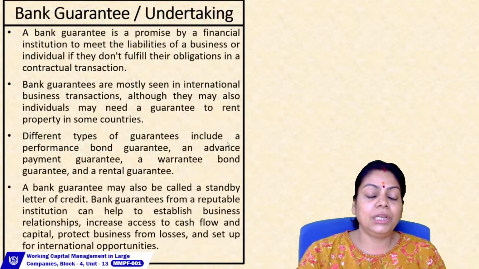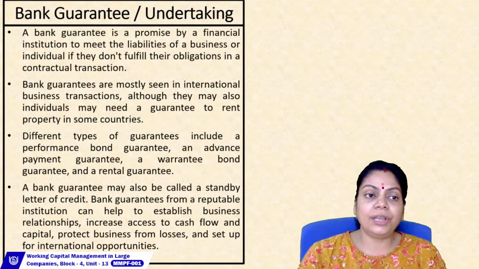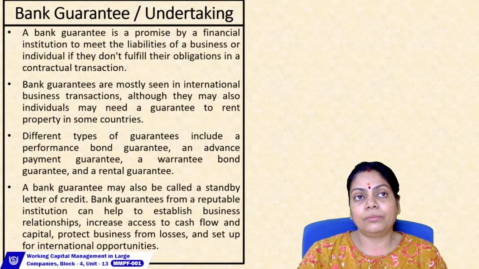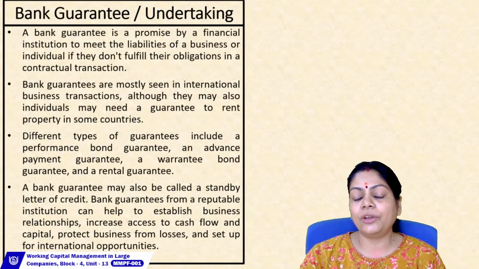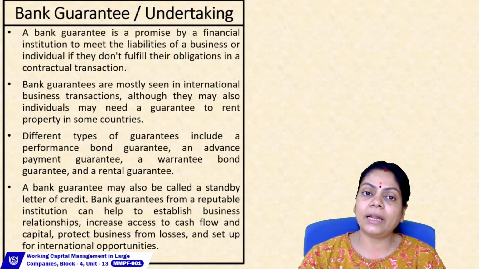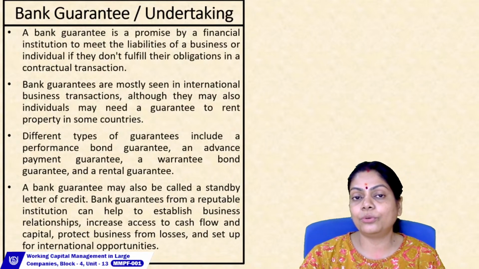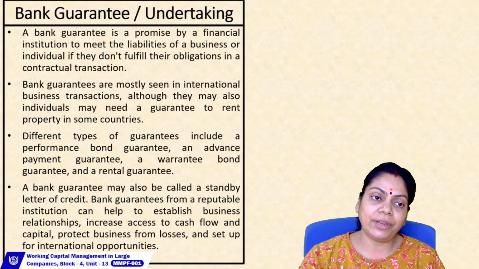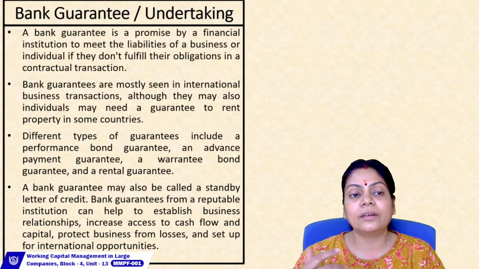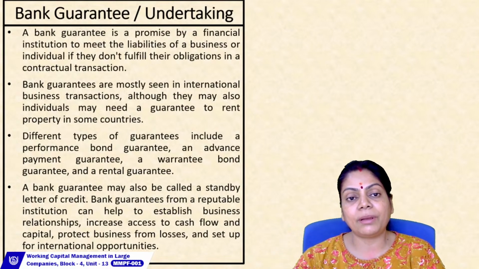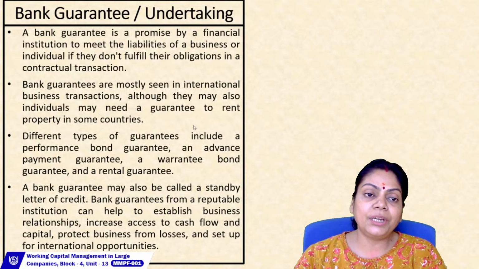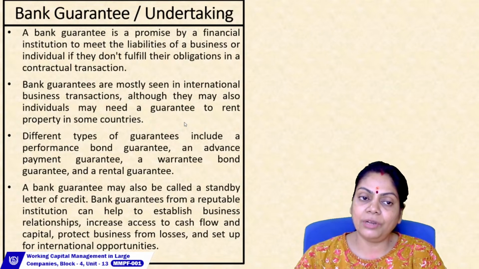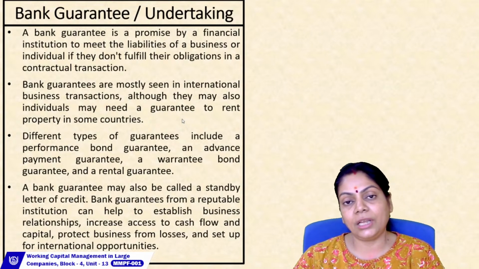We can talk about the various bank guarantees and undertakings. Now, you might have come across a scenario where you ask for a loan from a bank and the bank asks you to get a guarantor for you. So basically, it's the same kind of arrangement. In the bank guarantee, it is a promise by a financial institution to meet the liabilities of a business or individual if they fail to fulfill their obligations in a contractual transaction.